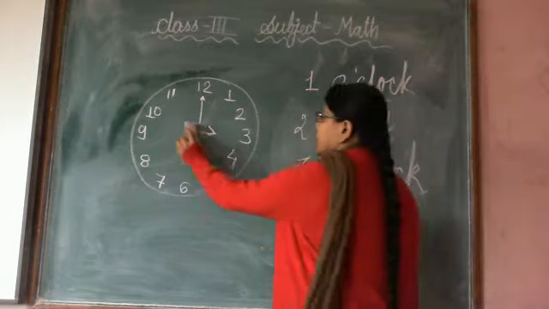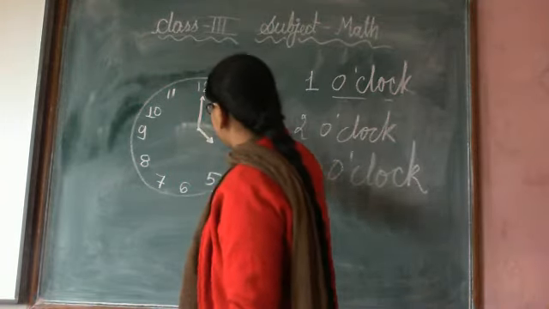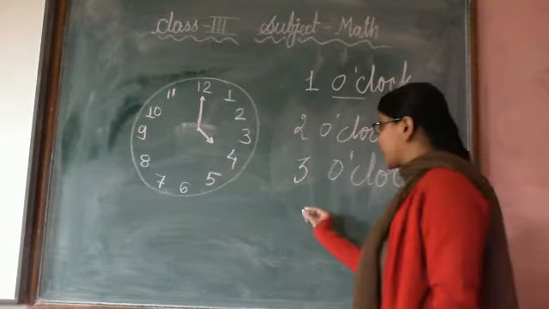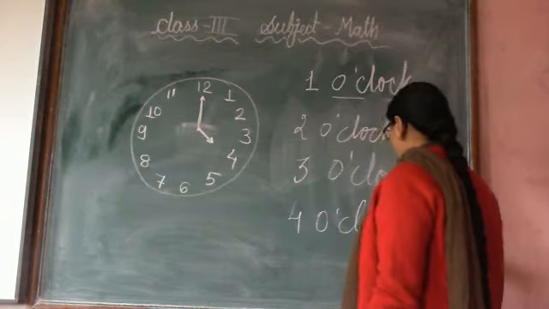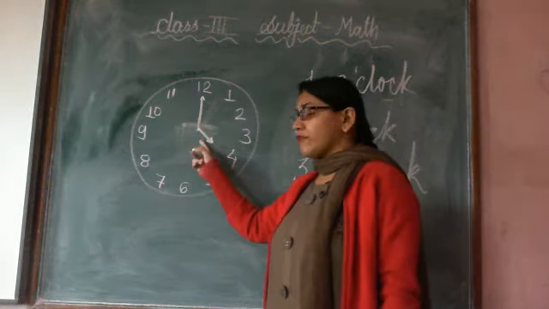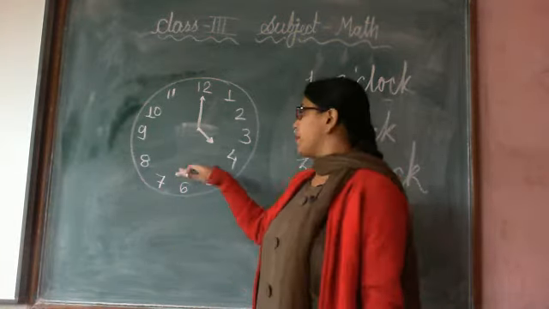If the minute hand is at 12 and the hour hand is at 4, what will the time be? Very good. The time will be 4 o'clock. If the minute hand is at 12, then wherever the hour hand is, that number will be the time, that number o'clock.